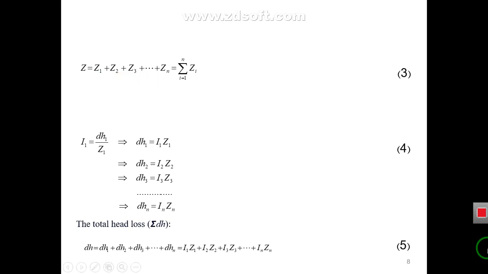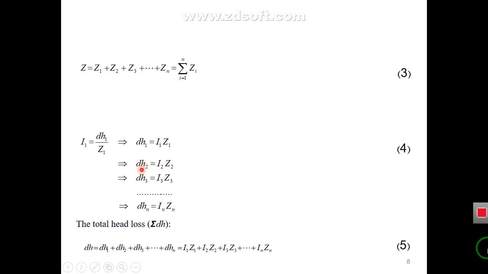The hydraulic gradient in each of the layers can be calculated using this equation. The hydraulic gradient of the first layer is equal to dH1 over Z1. The rearrangement of this equation gives dH1 is equal to I1 multiplied by Z1.